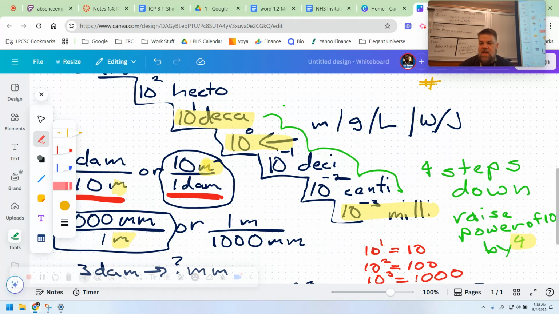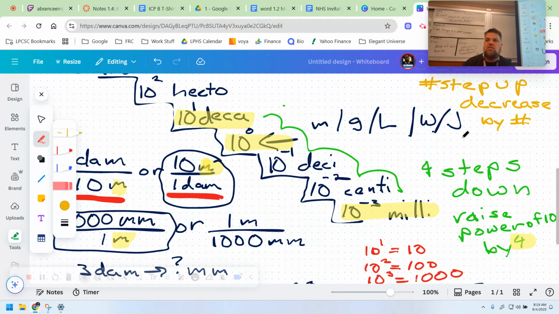This is not hashtag. This symbol represents a number. If I go a certain number of steps up, then I would decrease by that number. I would decrease the power of 10 by that number.